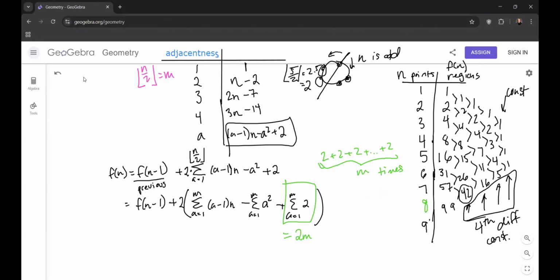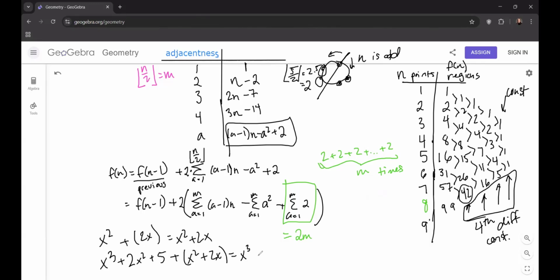So an important thing is when I add polynomials together, so if I have something quadratic and I add something linear, for example, I still end up with something quadratic. And if I add something cubic to something quadratic, I still end up with something cubic.